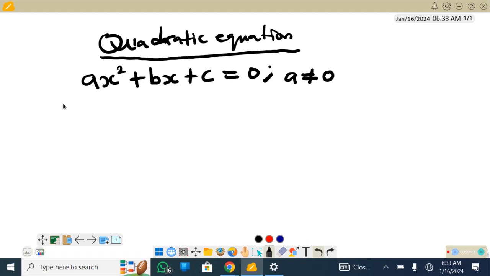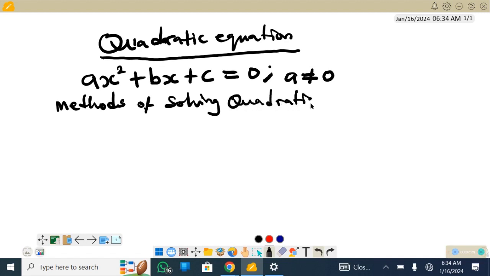So there are many methods of solving quadratic equation. Number one, we have the factorization method.